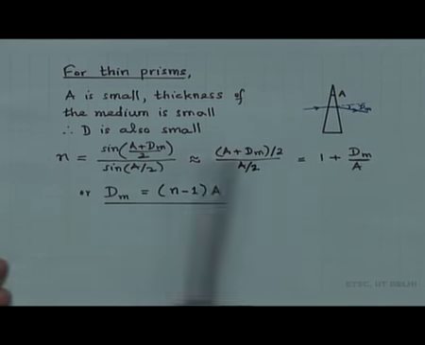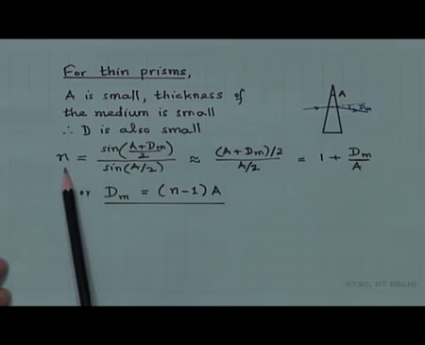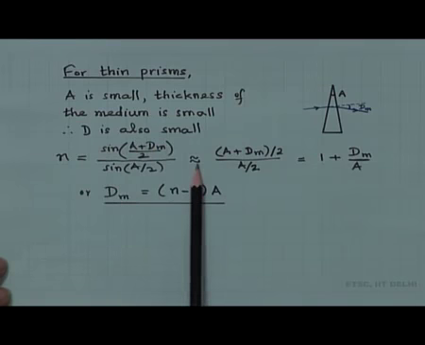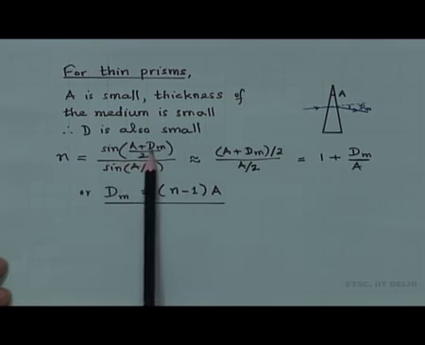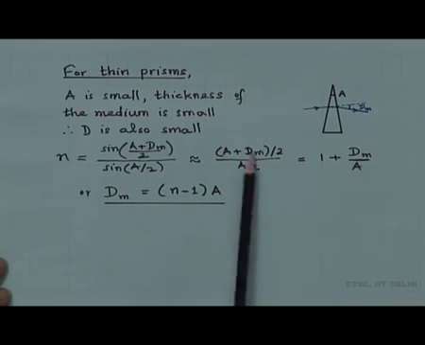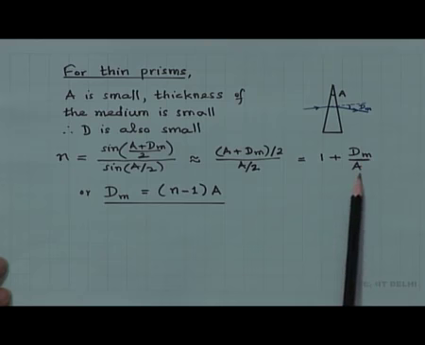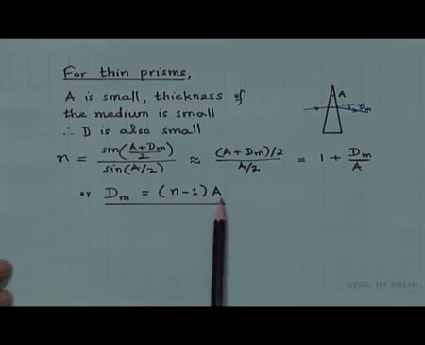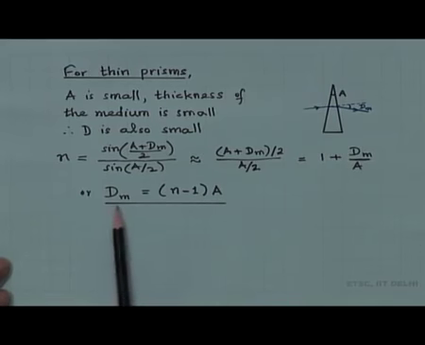and therefore n, which is given by the formula that we have derived, can be approximately written, since sin theta can be approximated to theta, as (A plus dm) by 2 divided by A by 2 when A is very small, which is equal to 1 plus dm by A. We can divide this and see that it is 1 plus dm by A. In other words, dm, the angle of minimum deviation, is equal to (n minus 1) times A. We can clearly see that when A is very small, dm is also very small.